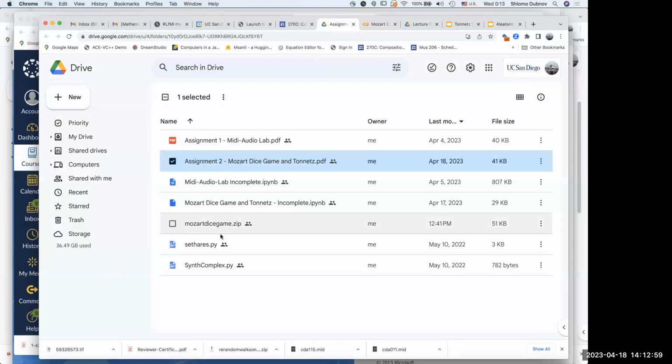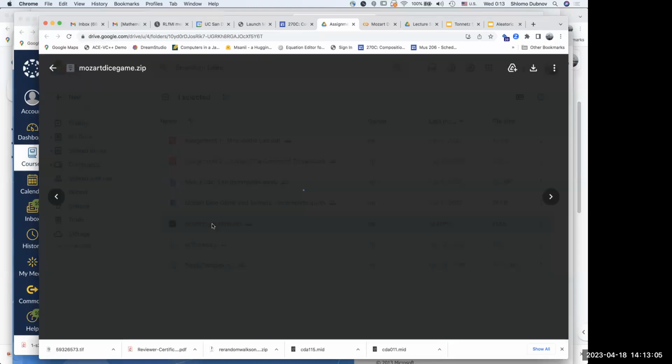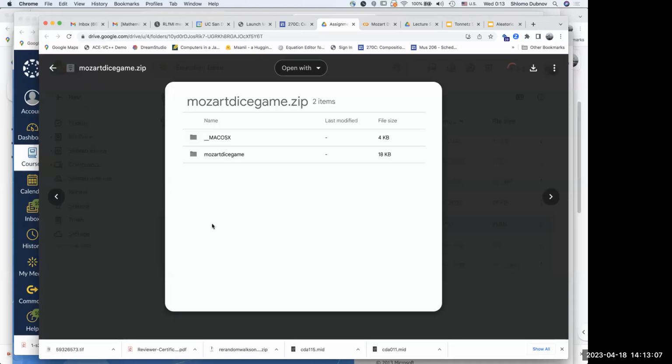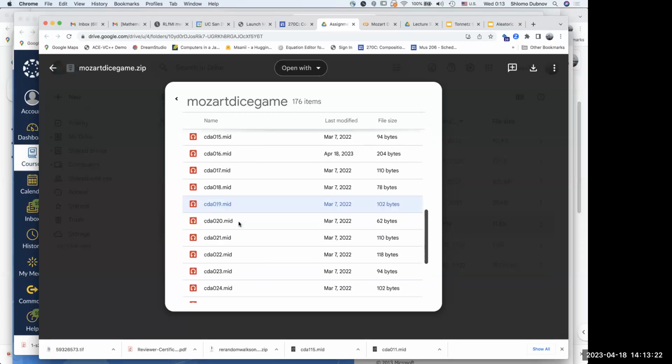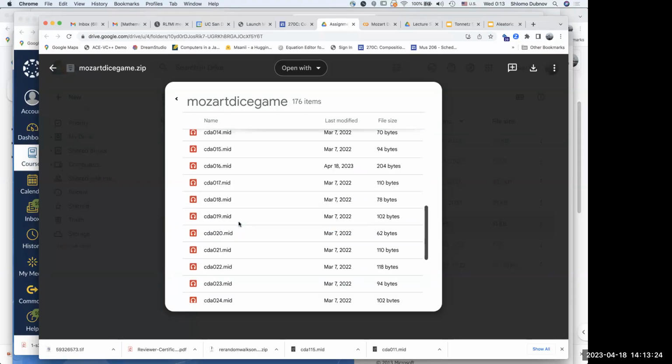I don't think I can actually open the zip file on the drive, right? It will not. Okay, well, can I look? Yes, so what we have here is a directory that you will need to download and use in the notebook that has a lot of MIDI clips.